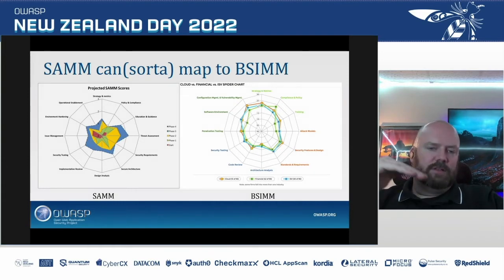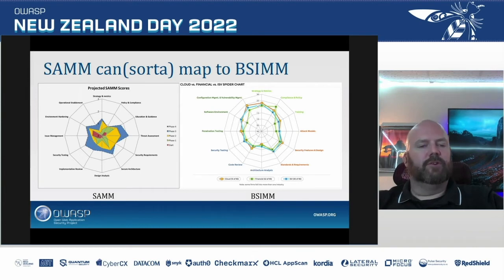The details at the low level have been diverging for a while. And so when we went to SAMM 2, there's actually now 5. So this is a SAMM 1.5 spider diagram. But SAMM 2 now has 5 business functions. So it's even a little bit further out of alignment with BSIMM.